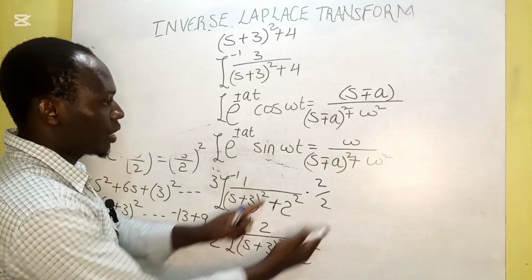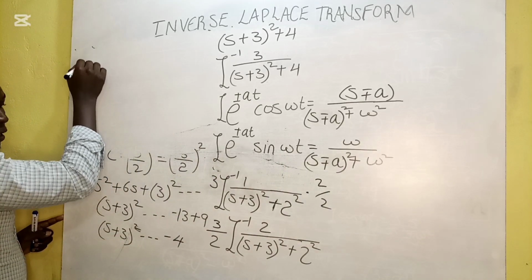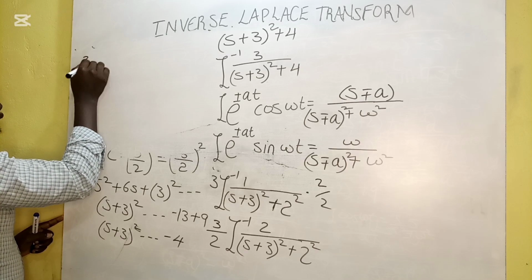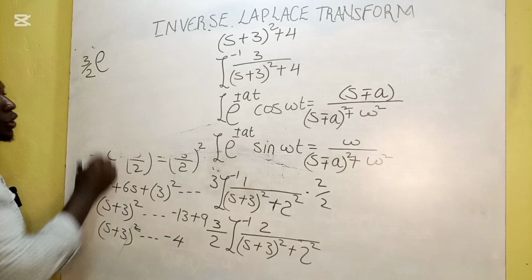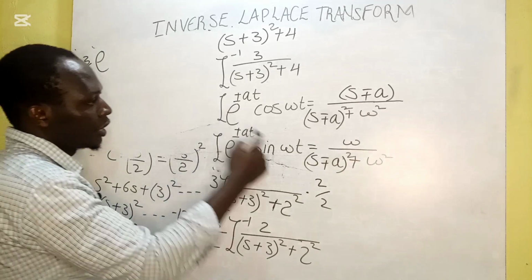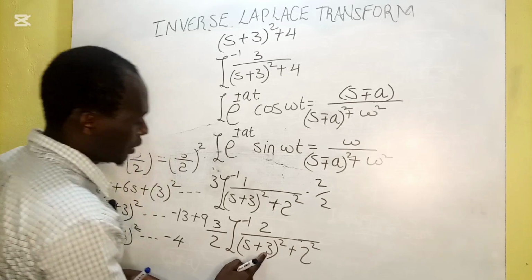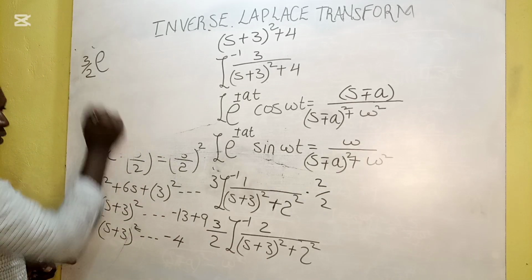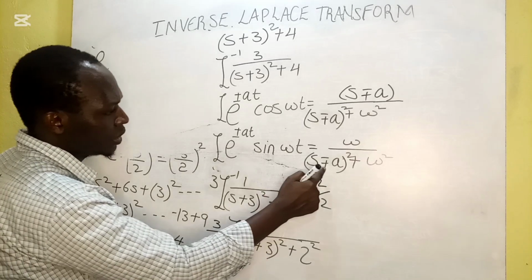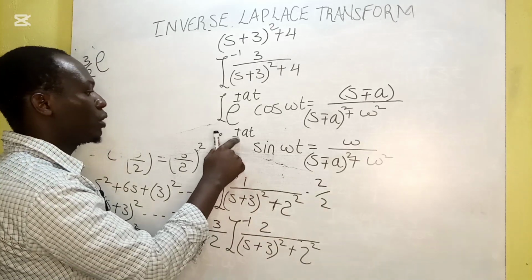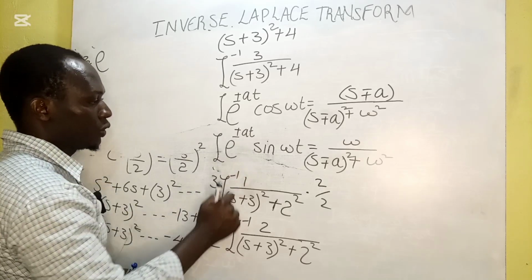From this point now we can relate these two, and we are going to have 3 all over 2 times exponential. It was shifted with respect to a, and our a here is equal to 3. This means that here it is a positive. We say that when it is a positive here, we are going to take a negative on the coefficient of a.